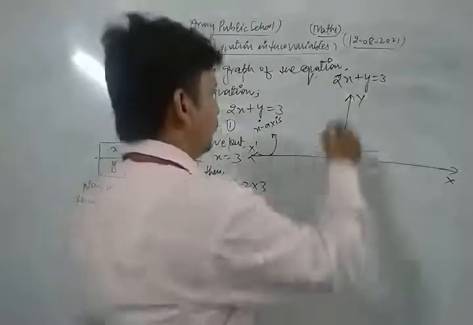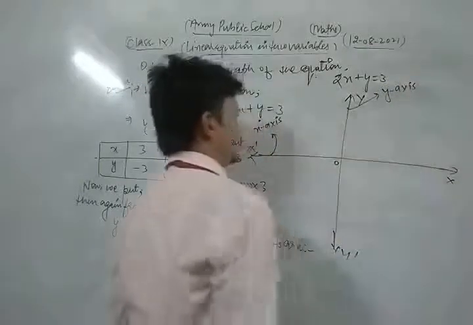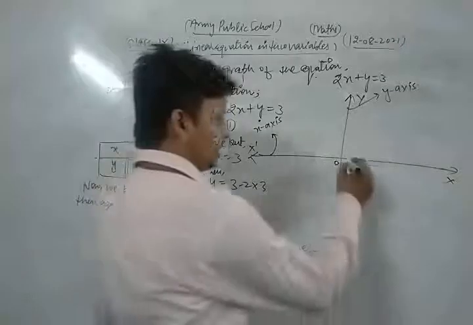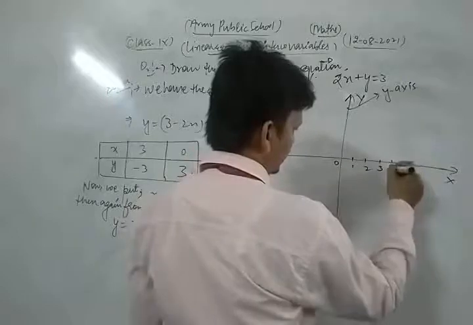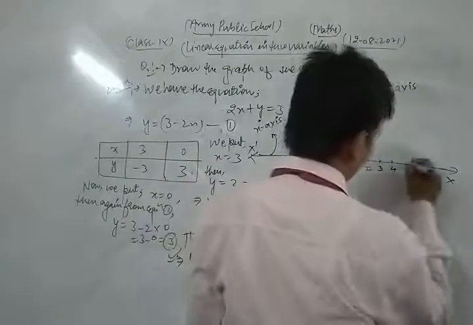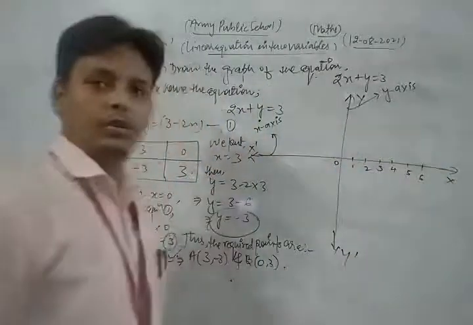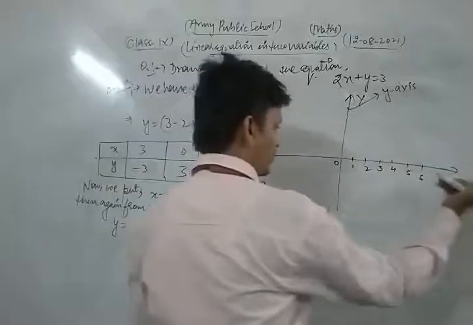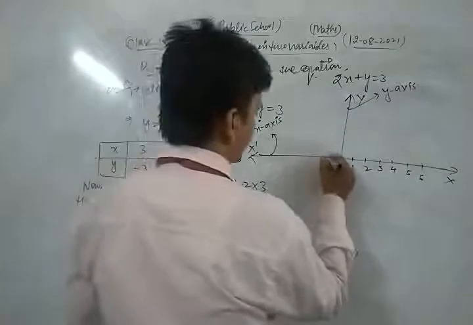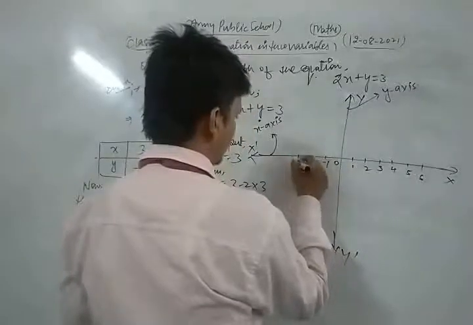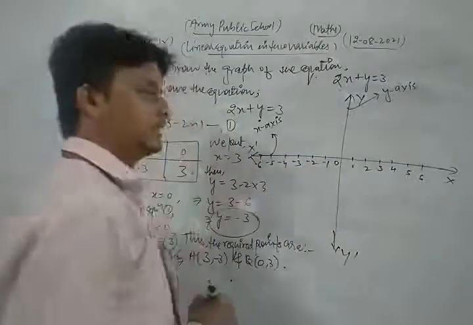And the line YOY' is the y axis. This is the positive direction of x, so this is plus 1, plus 2, plus 3, plus 4, plus 5, plus 6. And this is the negative direction of x, so we write minus 1, minus 2, minus 3, minus 4, minus 5 and minus 6.